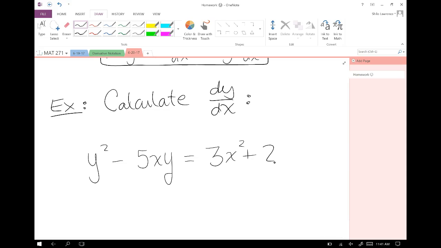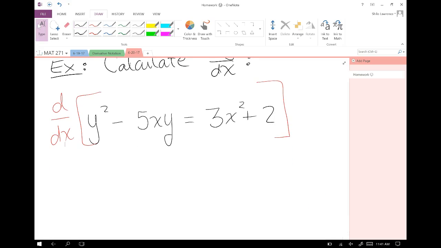So the first thing we want to do is go through and take the derivative of everything. It's the derivative with respect to x, which means treat x as completely normal.